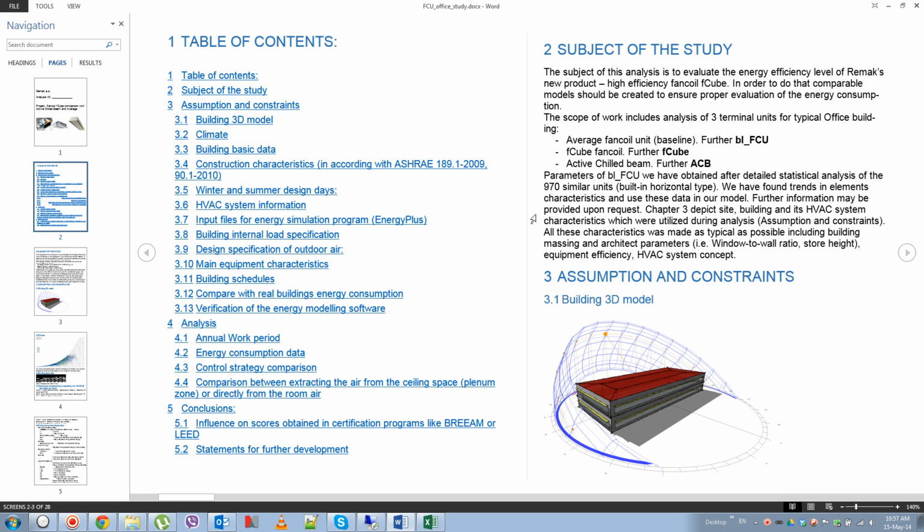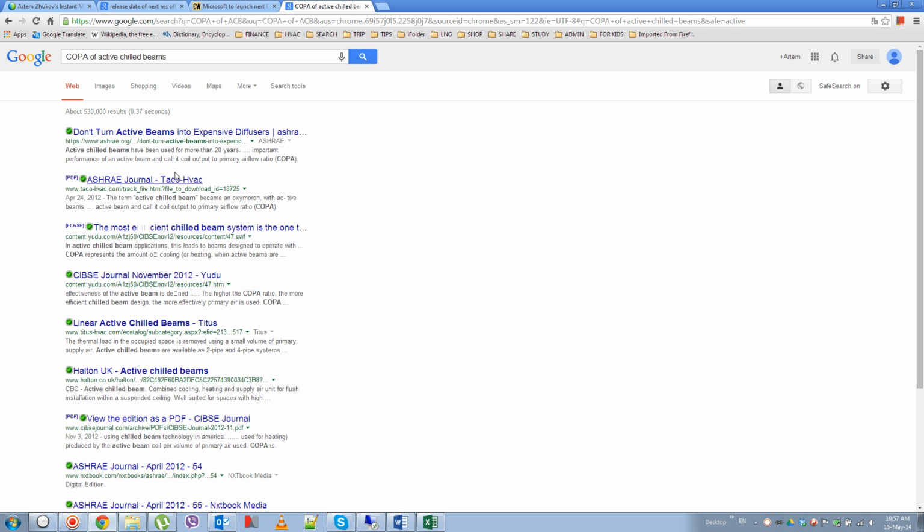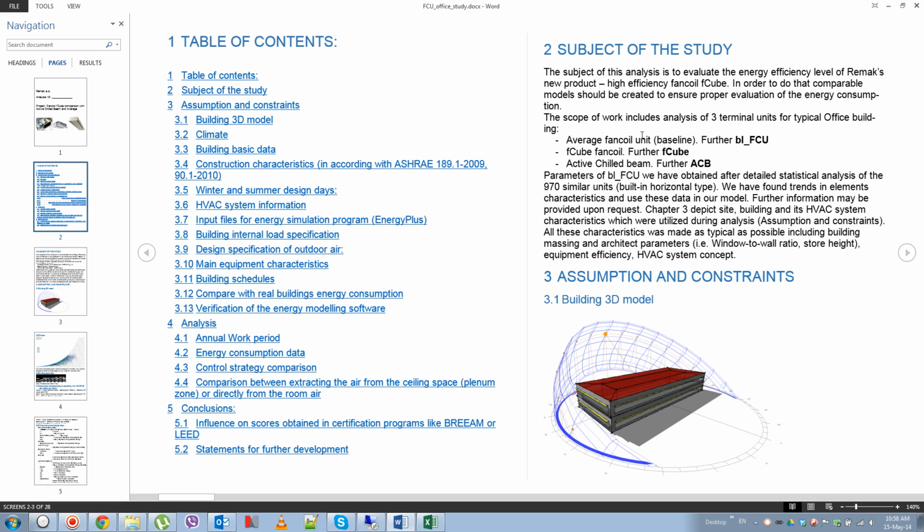And for active chilled beams, there is only a difference in the induction coefficient, but it is just the demand of the design decision. And the coil value, just remember, it is the coil output to primary airflow ratio. It's hard to memorize.